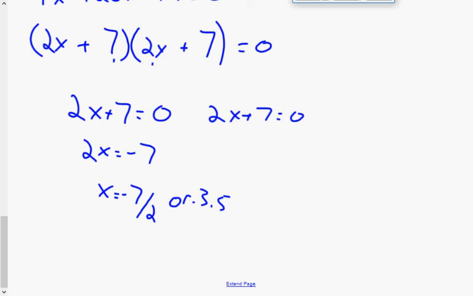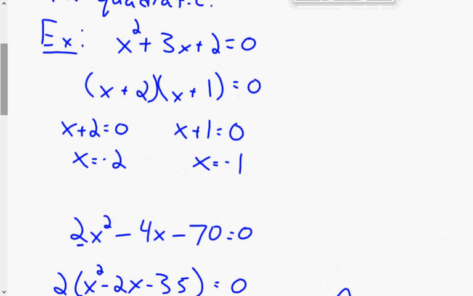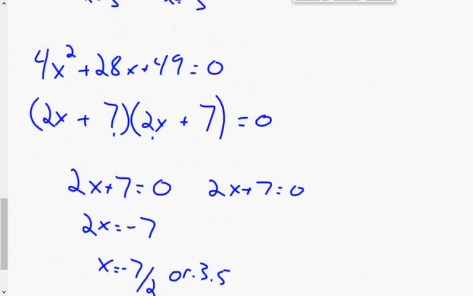All right. So how many different ways are there to factor? Well, there's the simple ones, the less simple ones. There's these guys where there's no A value. When there's an A value, try to find a common factor. If you can't find a common factor, then you're stuck doing this.